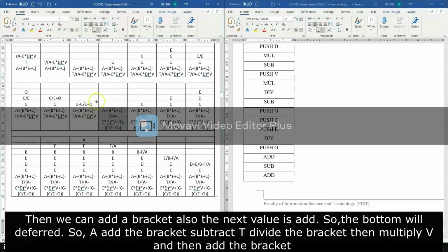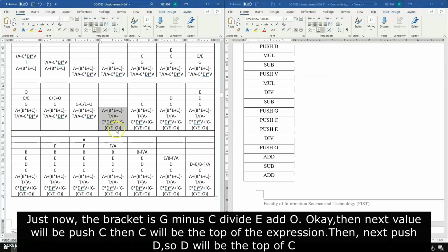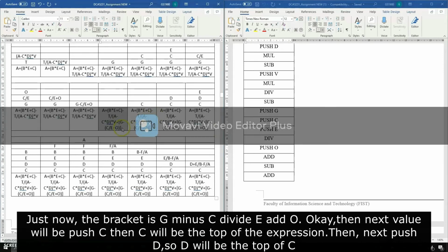So A add B at the bracket, then subtract T, divide the bracket, then multiply V, and then add the bracket. Just now the bracket is G minus C divide E add O.